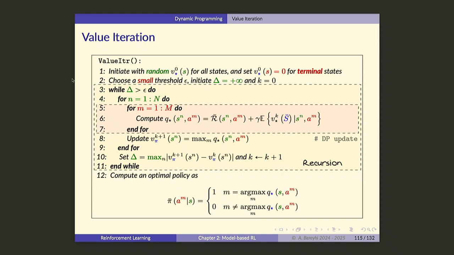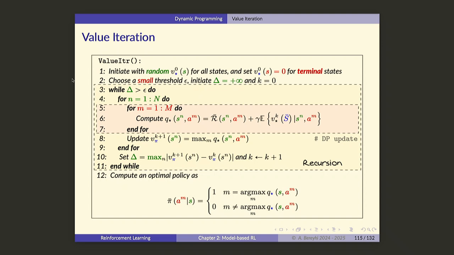So this is what you compute to update. For every single stage, you compute this for every single action. And then when you want to compute this guy, you need to know the value function. So you're going to take the one which you have in iteration k. Then what comes out of it? You take the maximum one, and this is going to be your next optimal value, right?